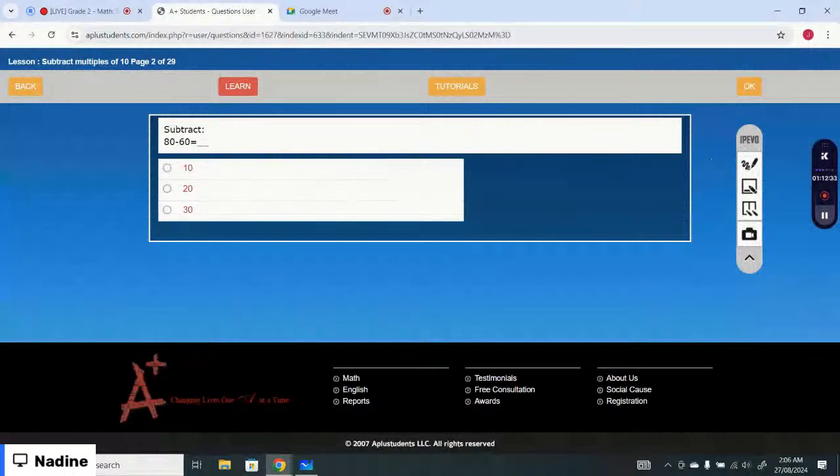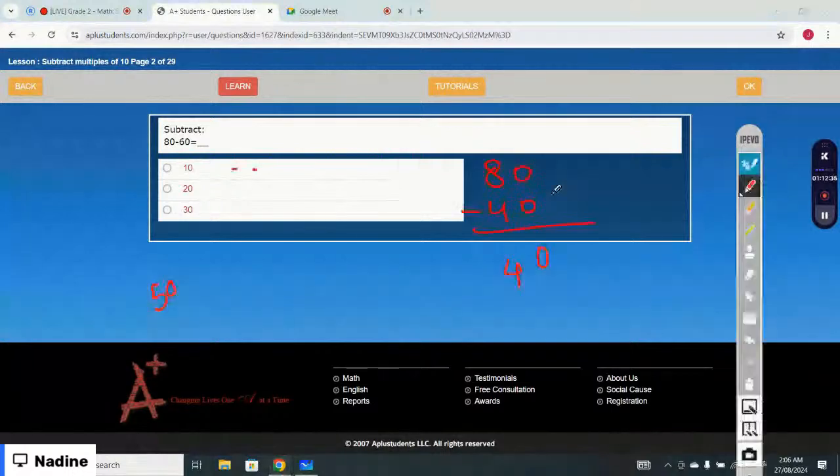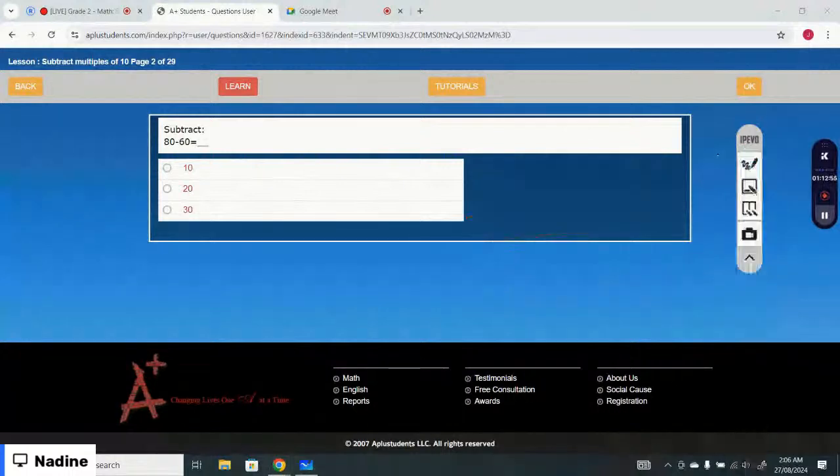So you need to write them down one above the other. 0 take away 0 is 0. Then you have to do 8 take away 6, that is 2. So 80 take away 60 is 20. Option number 2 is the correct option.